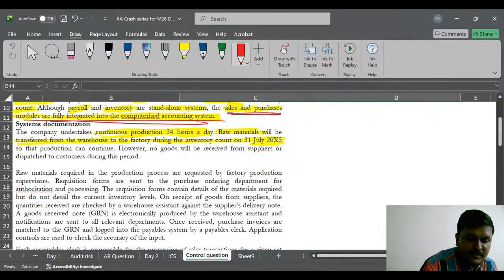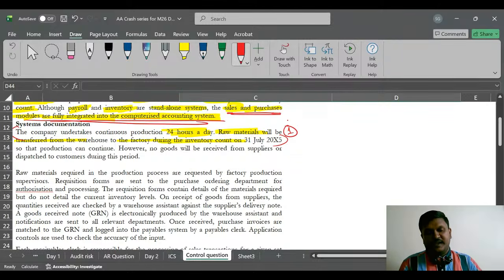So let's consider from the first sentence, from here to here, as my deficiency number one. For the identification part, you copy and paste these two sentences. Now you are explaining why.